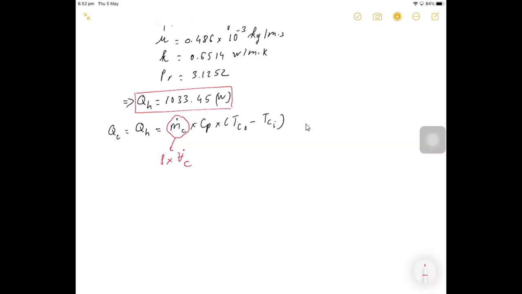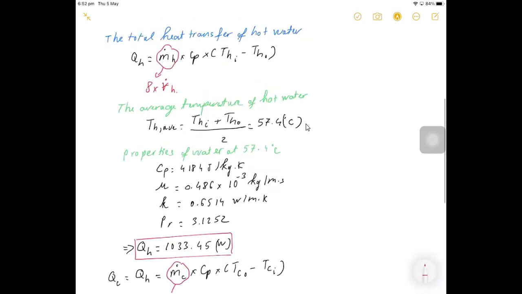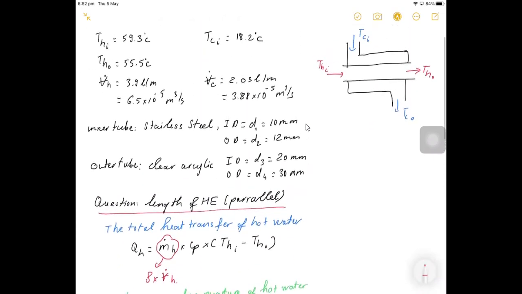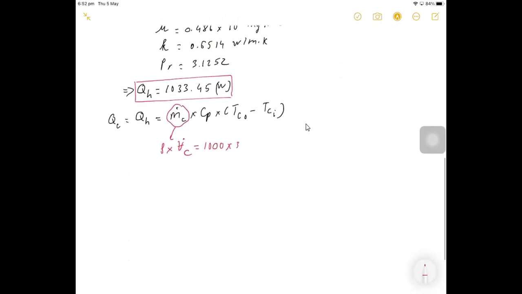We equal to density times volumetric flow rate. Or this one will be equal to 1000 times volumetric flow rate here, 3.88 times 10⁻⁵, is the mass flow rate. And Cp, as I said, Cp depends on the temperatures. In this case, we have cold temperature in is 18.2, and the temperature of cold water out, we don't know.